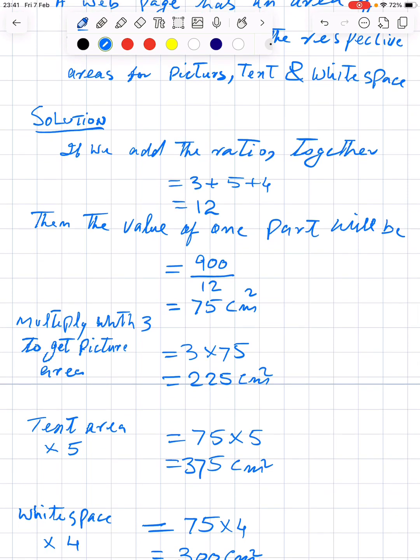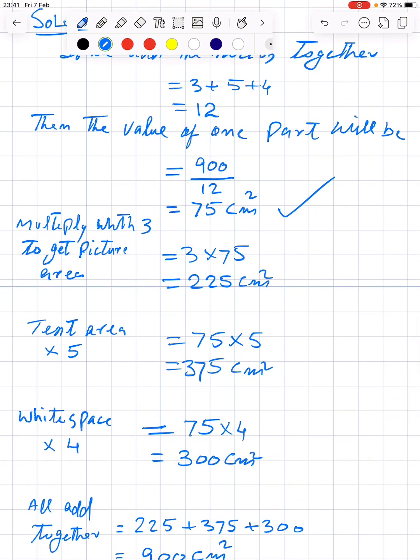So the solution is, if we add the ratios together, 3 plus 5 plus 4, this gives us 12 parts. So we divide 900 centimeters square by 12, which will give us the value for one part. So in this case, 900 divided by 12 gives us 75 centimeters square.